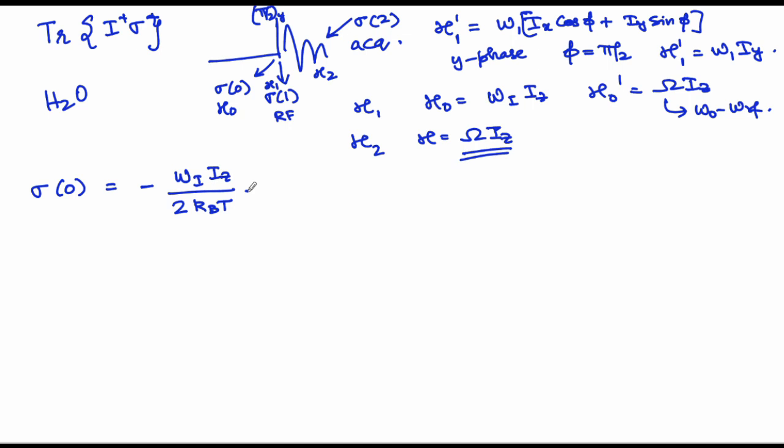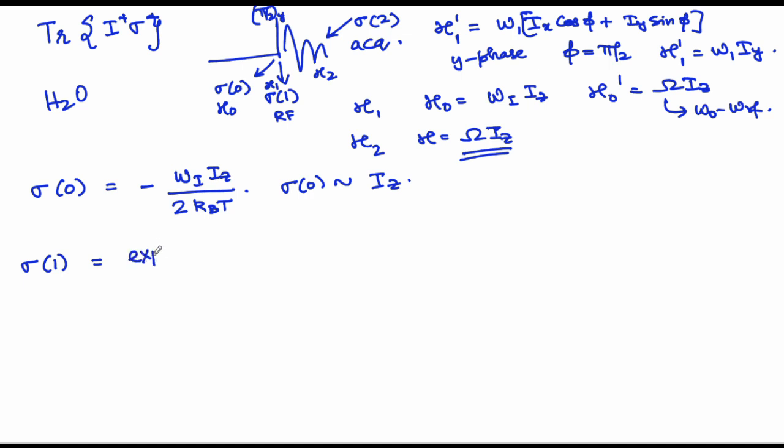If you pay close attention, you realize all these are constants except for this part. In fact, even the negative sign can be taken as a constant. So we will just represent the equilibrium density matrix as Iz. So if you want to get sigma 1, what do you have to do?